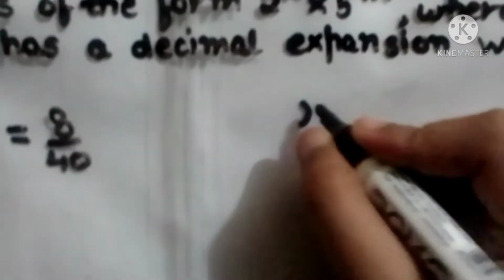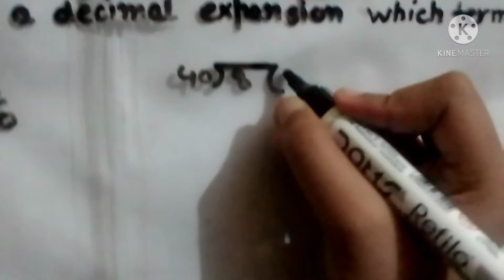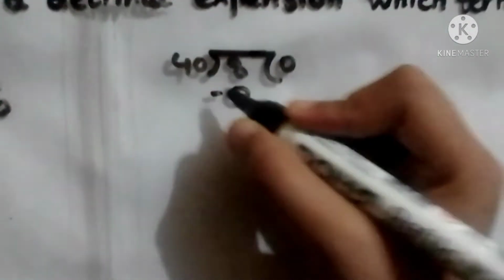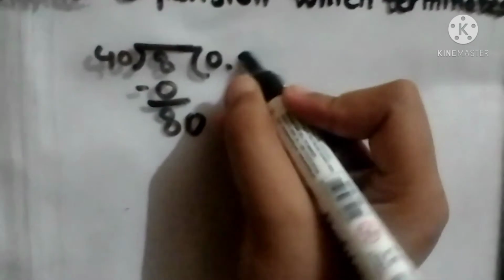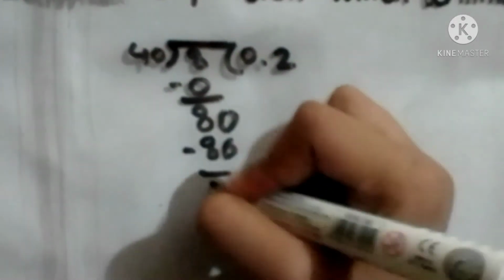So we will divide 8 by 40. 40 zeros are 0. 8 will come. We will put a decimal over here. Then it will become 80. Then 40 into 2 is equal to 80.